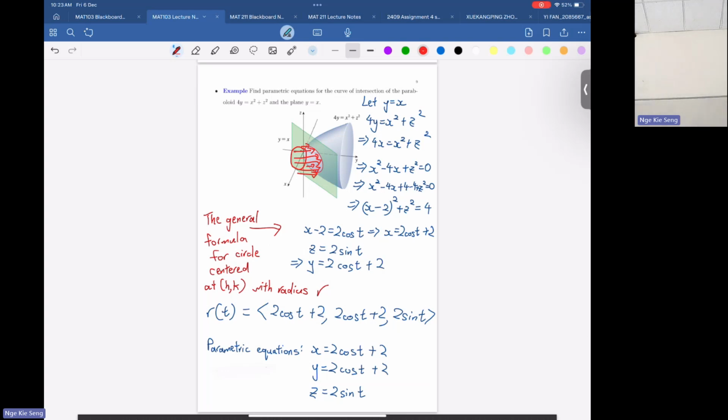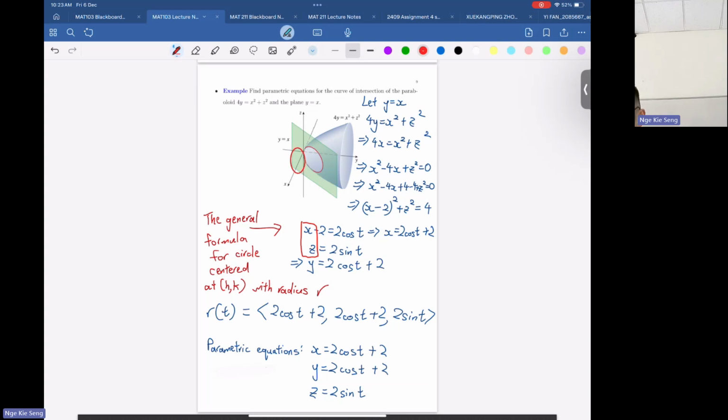So this circle gets enlarged a bit. Can you imagine what I'm trying to draw here? If you just look at the xz direction, this is a shifted circle with radius 2.